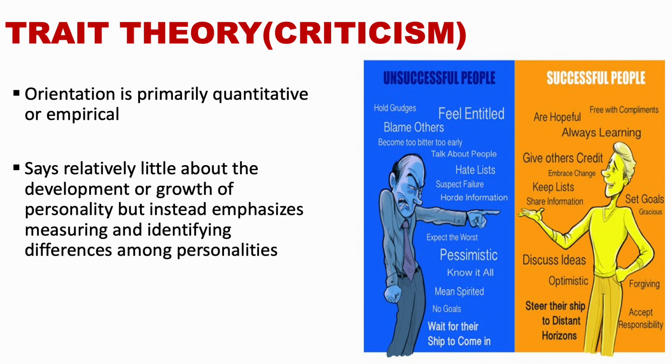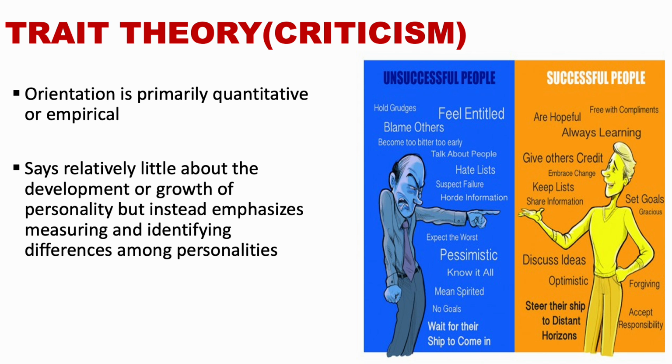But what we don't know is what happens when an unsuccessful person grows. What happens if they suddenly stop feeling entitled? What happens if they start learning to appreciate learning? What does growth look like for that person? And what we also don't know is, yes, you may feel more entitled relative to a person who's more successful than you, but it could very well be that your entitlement has increased or decreased.